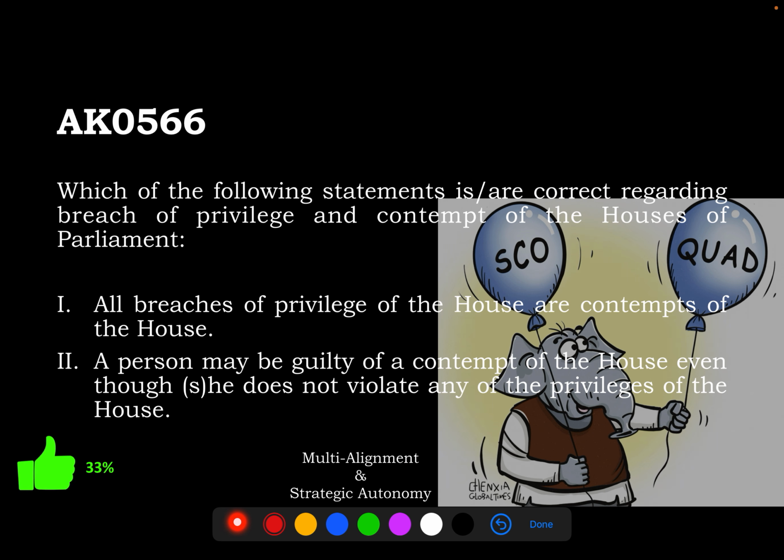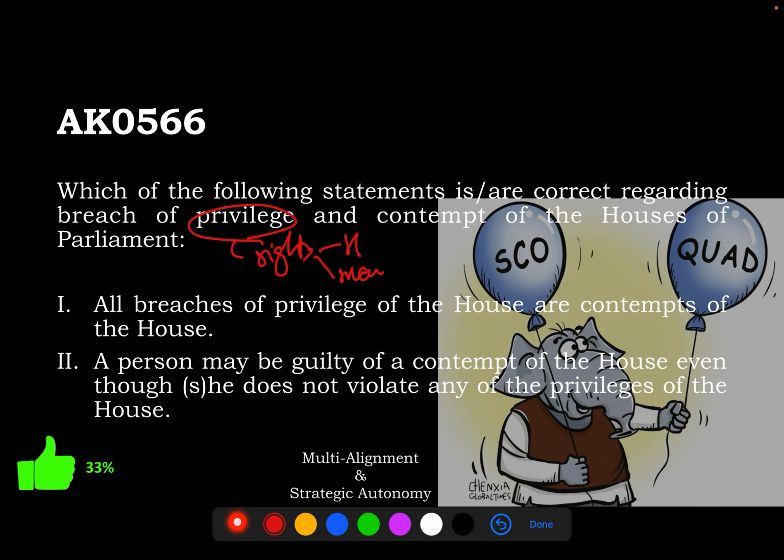Then, which of the following statements is or are correct regarding breach of privilege and contempt of the houses of parliament? Now, first, let's be clear what is privilege and what is contempt. As a general idea, privileges are certain rights that are enjoyed by each house collectively and also by the members of each house individually, without which they could not discharge their functions.